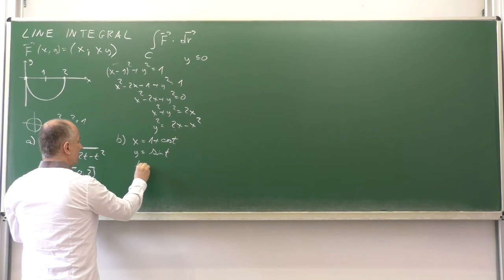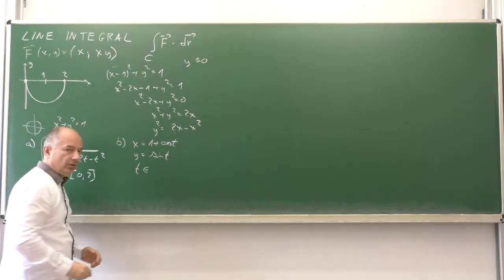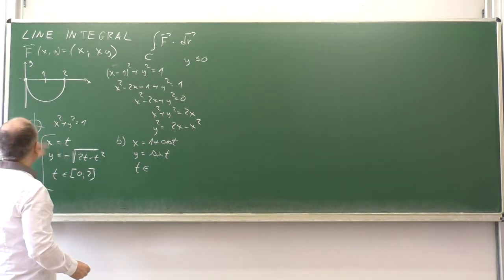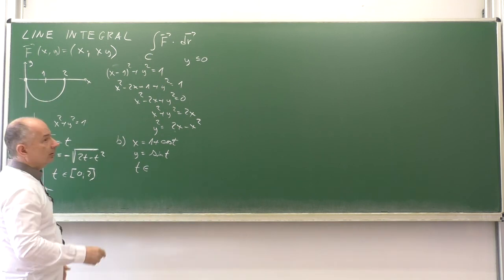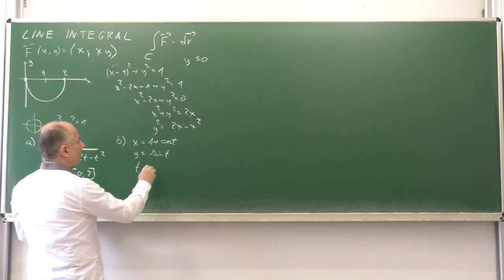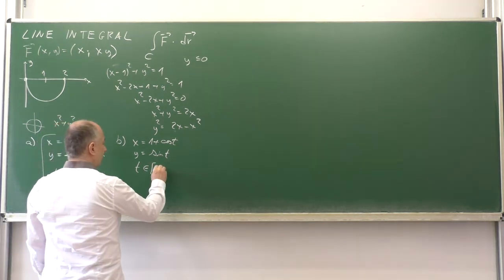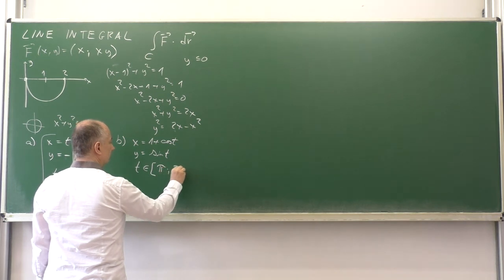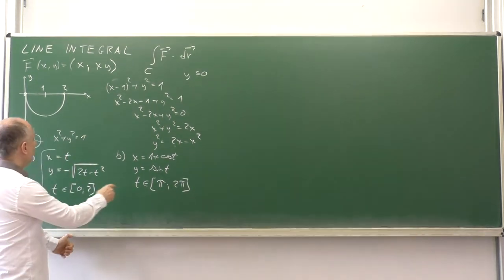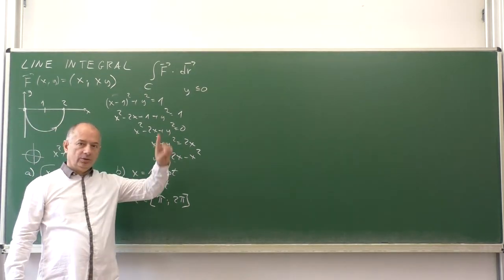In this case, if t runs from 0 to 2 pi, then we make one whole turn, but we are interested only in the second half of this whole turn, so we don't start with t at 0, but rather at pi, and we go up to 2 pi. And this corresponds to this orientation along the curve.